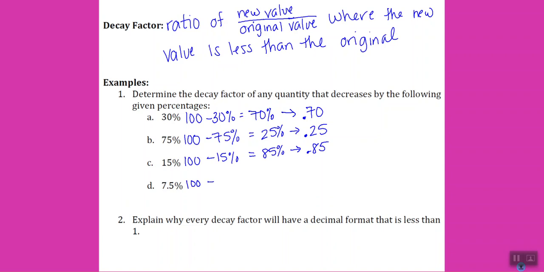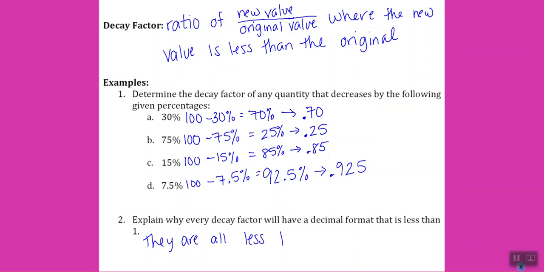Finally, 100 minus 7.5% is 92.5%, which would be 0.925 as our decay factor. So if you notice, all of these are less than 1 because they are all less than 100%.